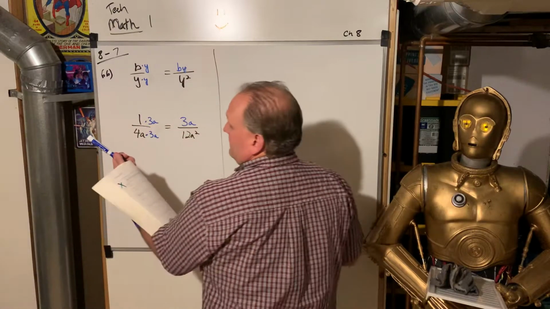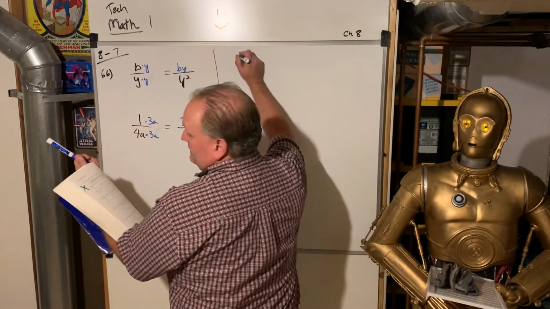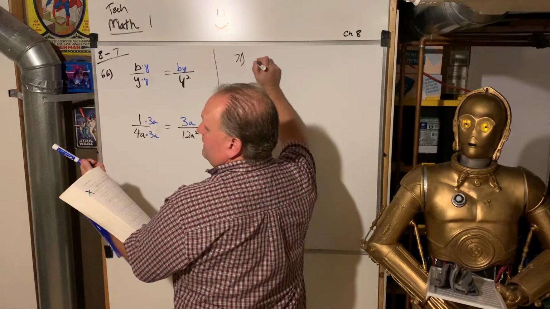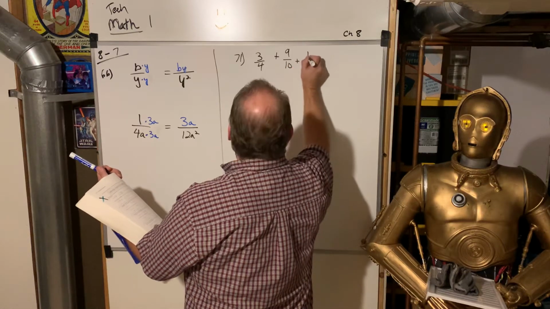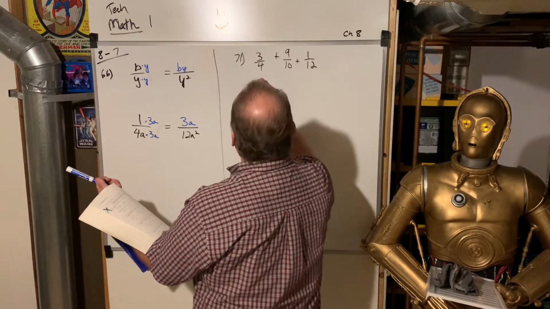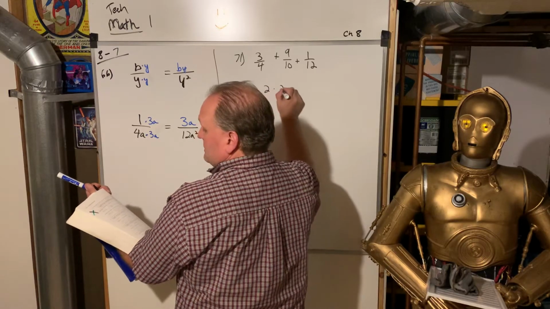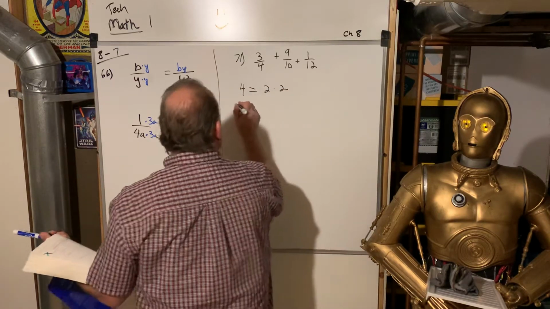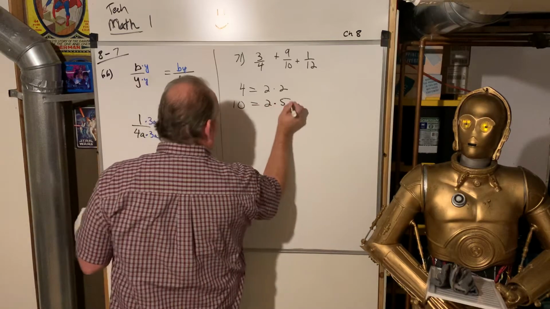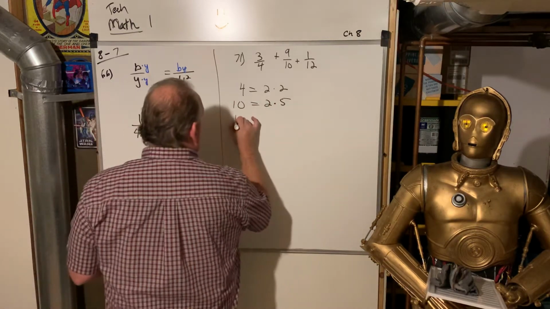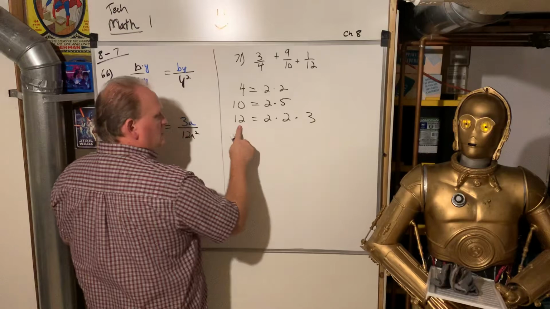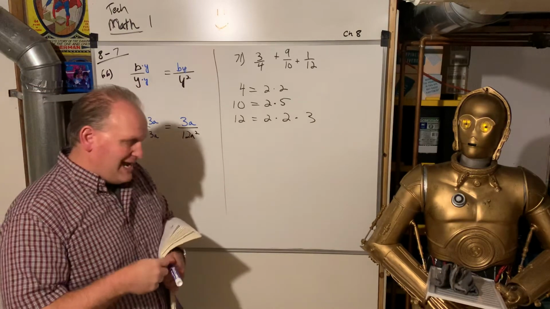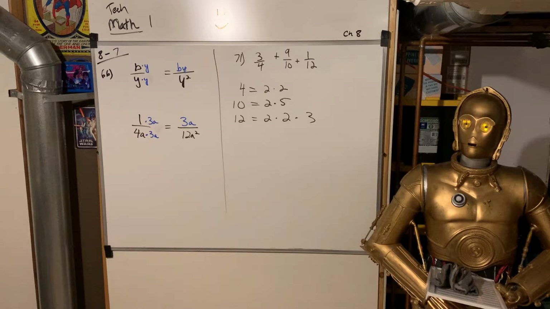So look, on 71, if I wanted to add up 3/4 and 9/10 and 1/12, well then 4 breaks down into 2 times 2, 10 breaks down into 2 times 5, and 12 breaks down into 2 times 3, right? Because 4 times 3 is 12. So that's called its prime factorization. Prime factorization.